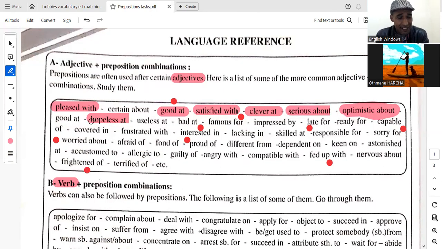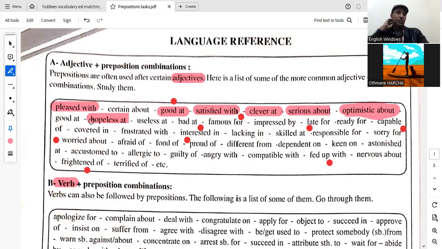Hopeless at what? English. Hopeless at English, right. It's better to bring a verb, no problem, right? For example, hopeless at pronouncing English correctly, hopeless at writing English correctly, right, something like this.